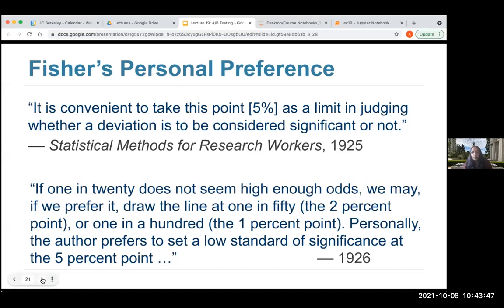You might use 1 in 50, you might use 1%. Now look, personally, the author prefers to set 5%. Does that sound like the man saying, 5% is the definition of small from here on out? It does not. He's just saying that he likes it.